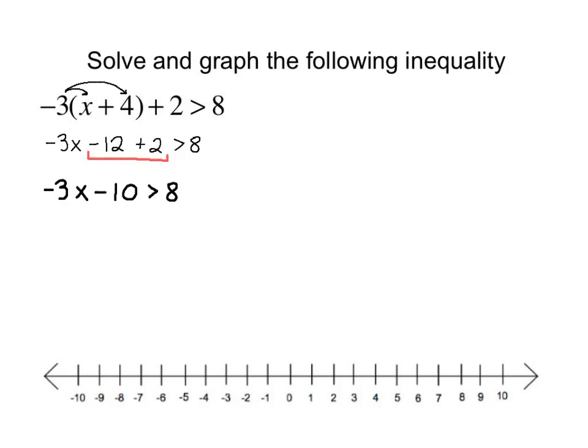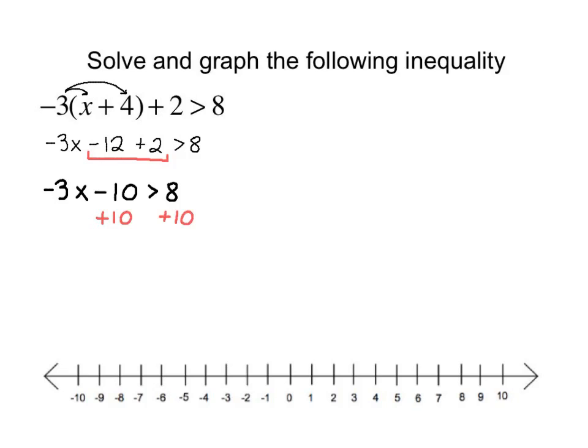Next, we now notice, well, I need to solve for the x. So I'm going to undo in the opposite of the order of operations. So I have two different operations here, multiplication, and then I have subtraction. I need to undo the subtraction first by the opposite order of operations. So the first thing I'm actually going to do then is add 10 to both sides.